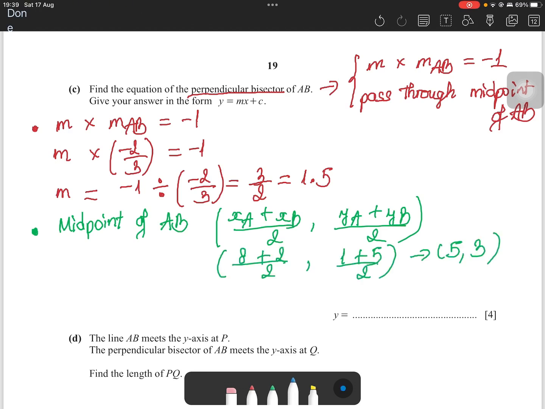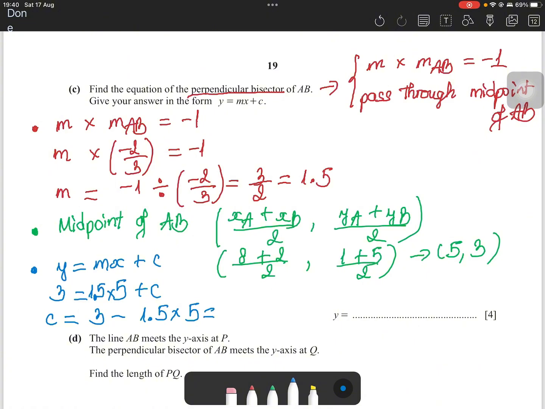Now we will need to write down the equation y equals mx plus c. In this case, y is 3, x is 5, m is 1.5, plus c. So to find the value of c, we subtract 1.5 times 5 from both sides.